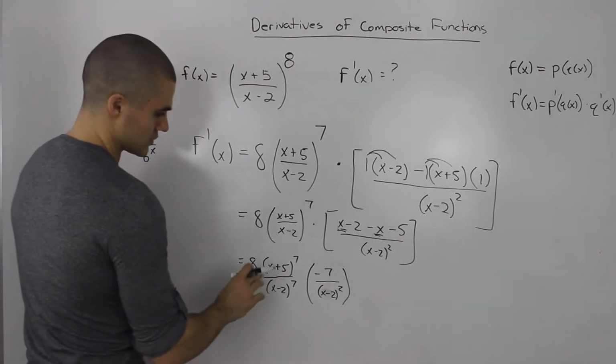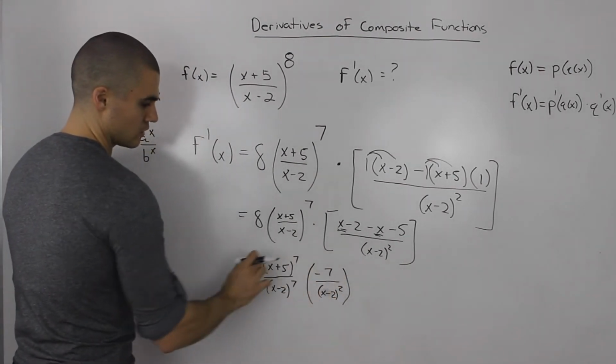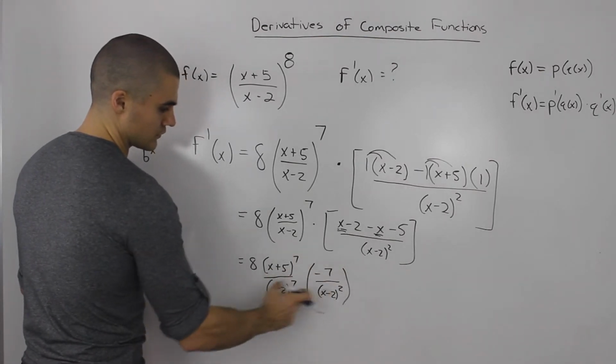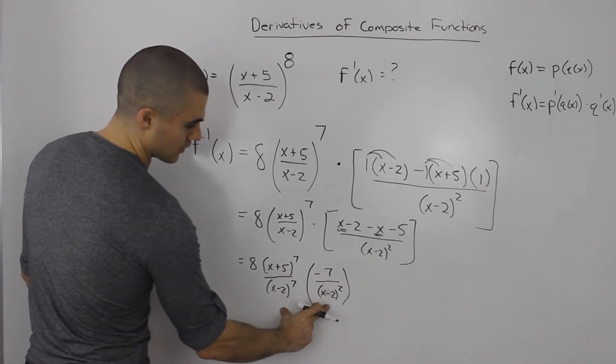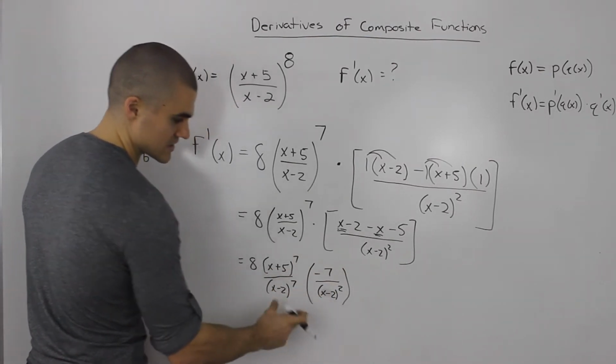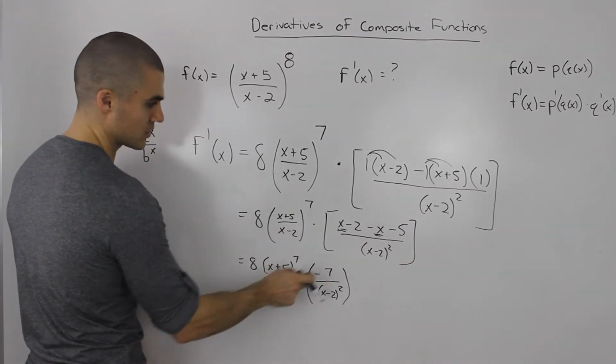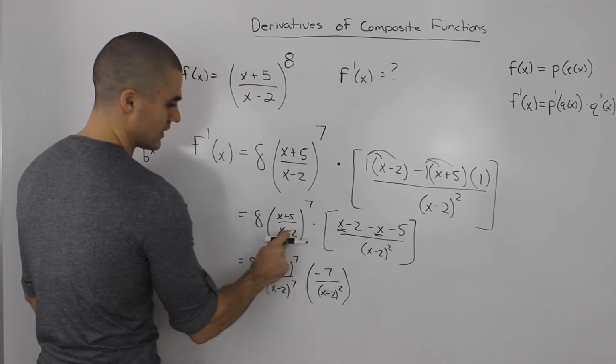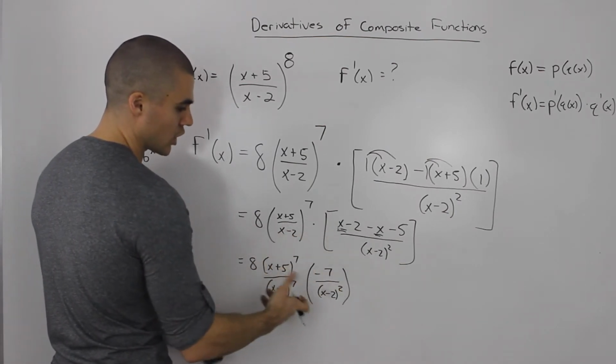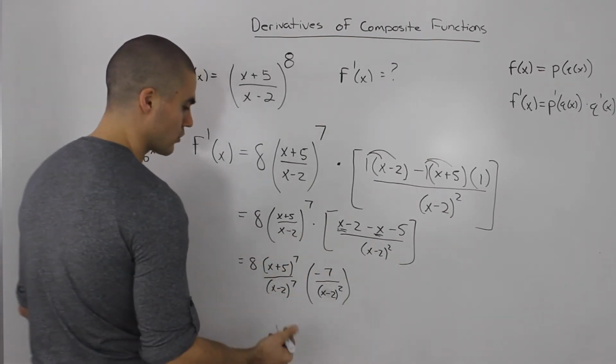And now what we can do is multiply all of the numerators and all of the denominators, and notice how these here are exponents with the same base, so you can just add the exponents when you multiply them. That's why I split it up here, because I knew this x - 2 and this x - 2 are going to have a common base, and we could simplify it even further.